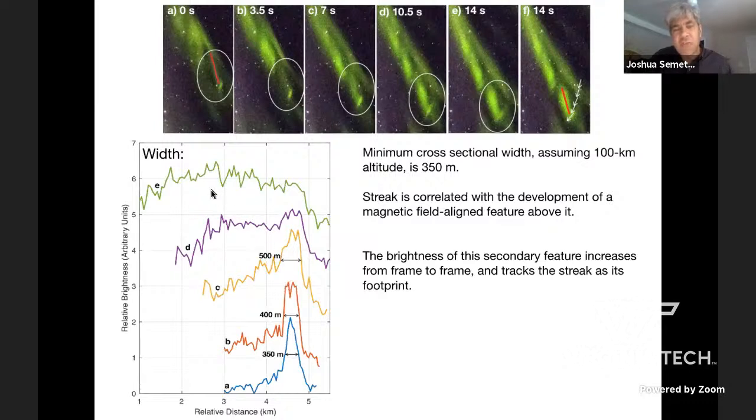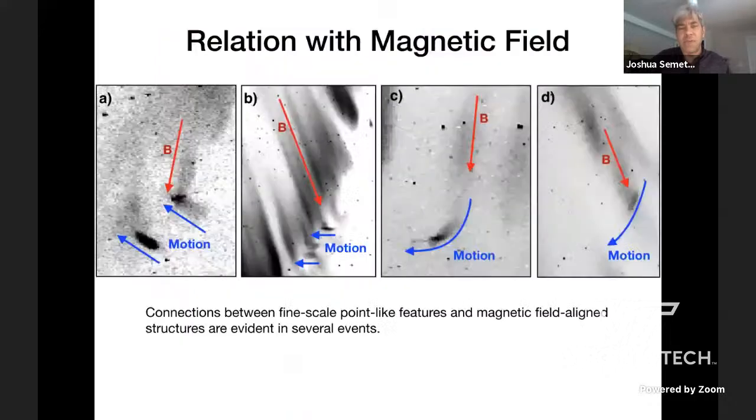That's consistent with the still images I showed you earlier, which show a mixture of this feature with conjugate, field aligned features above it. This suggests some as yet unspecified connection to the local magnetic topology.